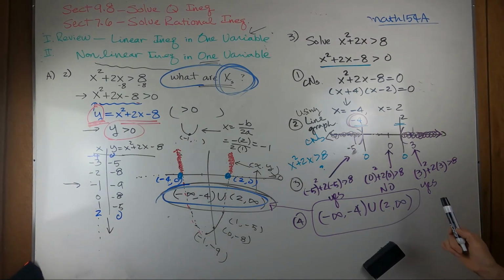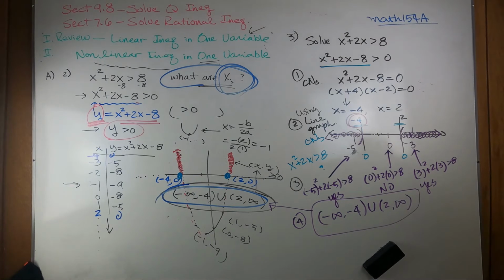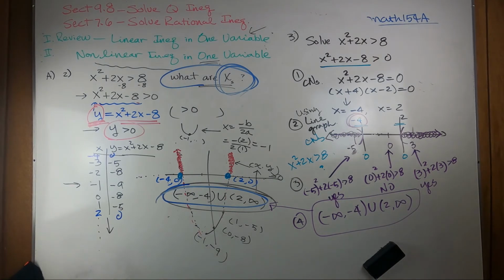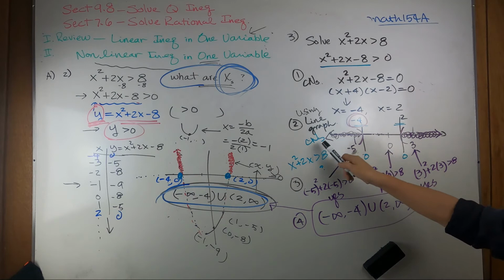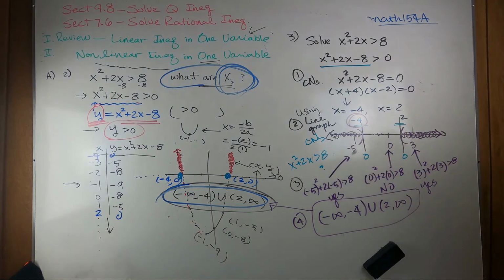So in general, for second degree polynomials, quadratic inequalities, your answer is either in the middle or the 2 outside parts.